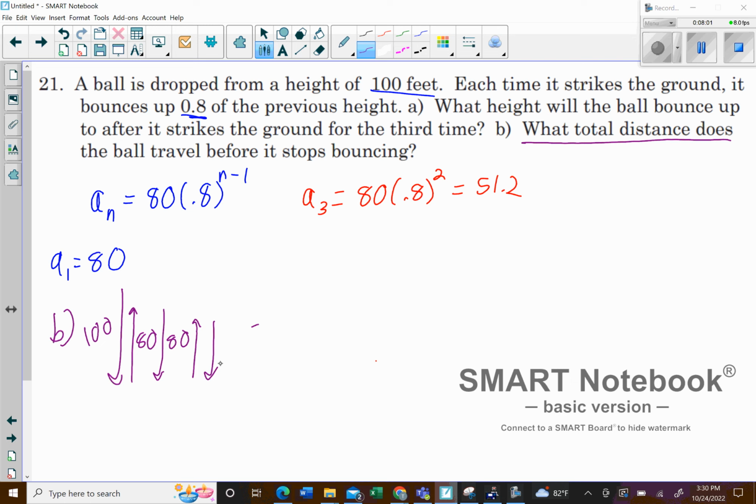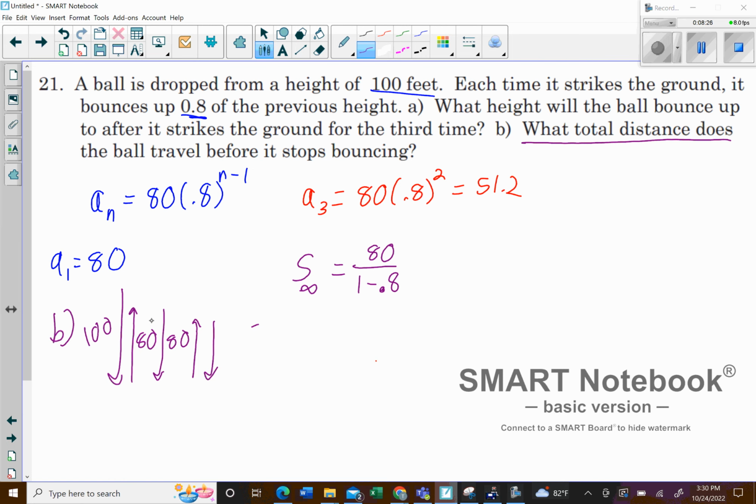Now, what we're going to do here is figure out how high it bounces in total, and so that formula is going to be the first term, which is 80, divided by 1 minus our ratio value, which is 0.8. So that's going to give us all the rebound effect, the distance from it bouncing after it hits the ground.